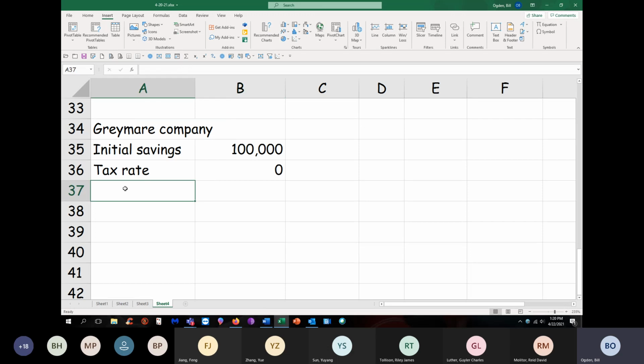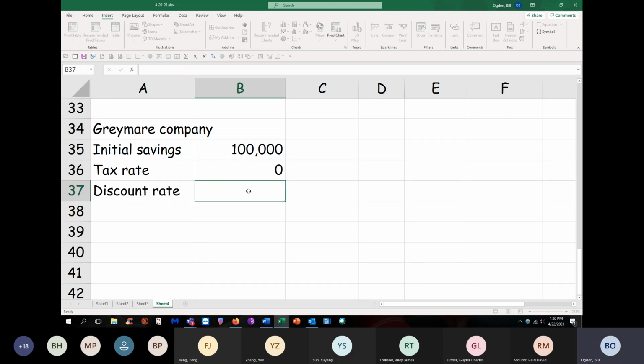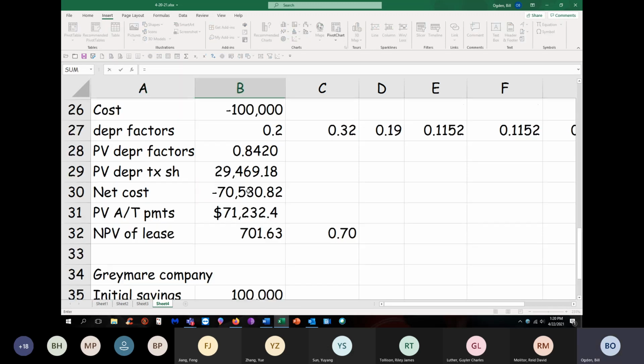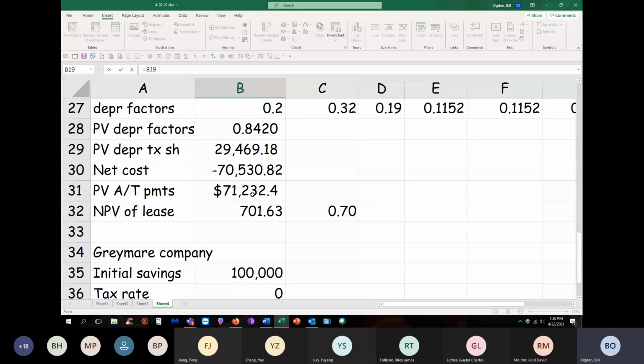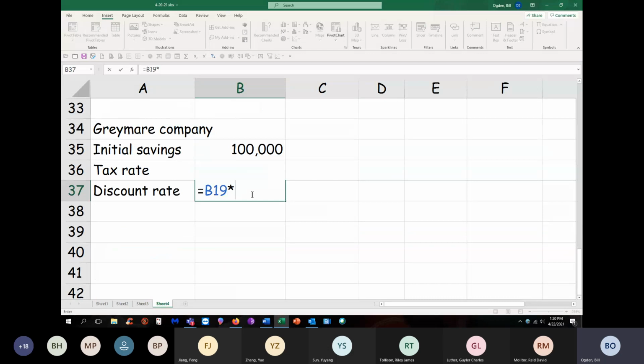All right. And so what's the discount rate? Well, it's very straightforward. I know you can do this in your head faster than I can write it, but I'm just emphasizing a point. It's always the after-tax cost of an equivalent loan.